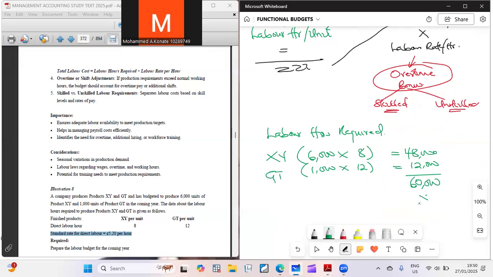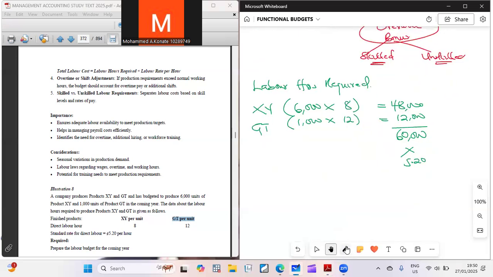Then now you multiply it by the labor rate per hour. You see that there's no separate price for hours. Hours is hours. Whether you are producing X or GT, there is no hours for GT and no hours for XY. Hours is hours, all right? If the question gives it to you like that, fine, but there's no segregation of hours.